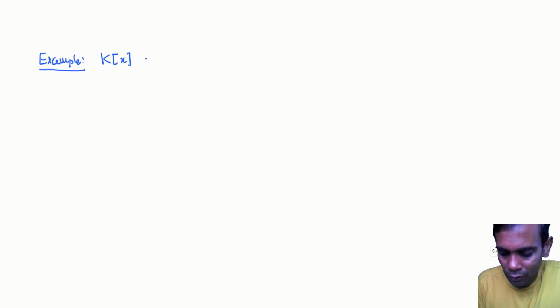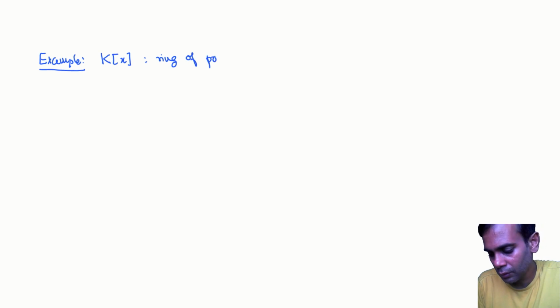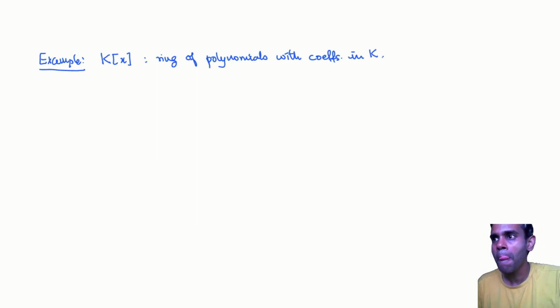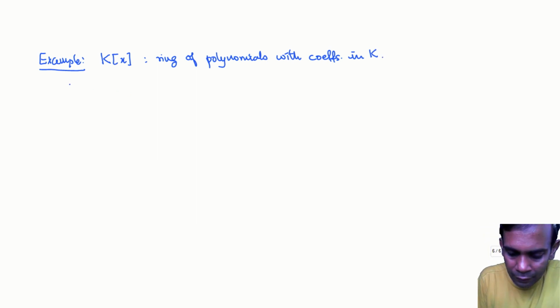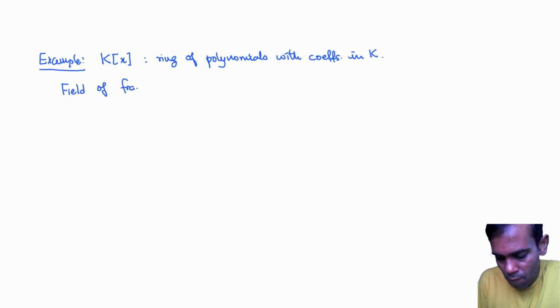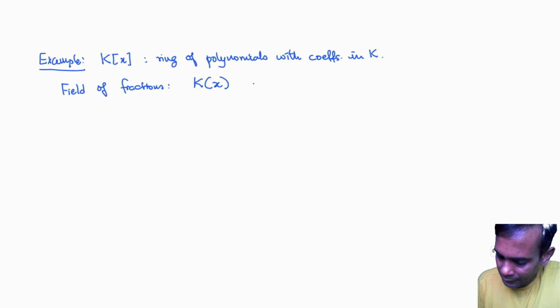This, as you recall, is the ring of polynomials in one variable x with coefficients in k. This k itself is a field. And then the field of fractions is usually denoted k(x), and it's called the field of rational functions.